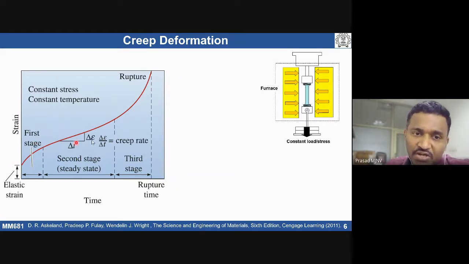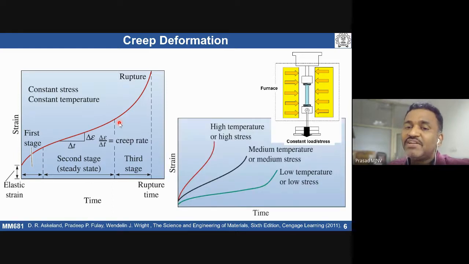This typical curve's shape is going to vary depending on the magnitude of temperature and stress. With increasing temperature or increasing stress, the shape is going to change. For the same material, once the temperature is fixed, at low stress, medium stress and high stress, the amount of strain at a given time increases with increasing stress.